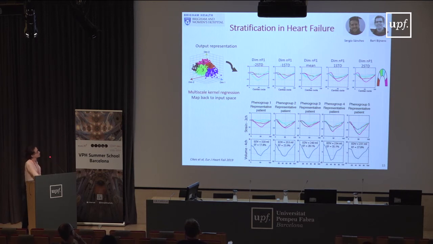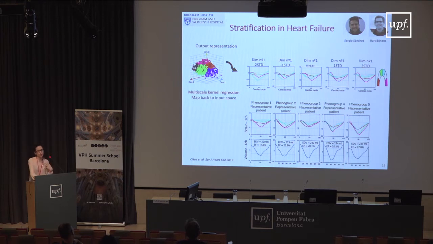So for example, here we reconstruct what the deformation curves would be if we move along the first dimension of the output space. Here each color corresponds to a region of the left ventricle. And of course, we can also do this in each of the phenotypes.